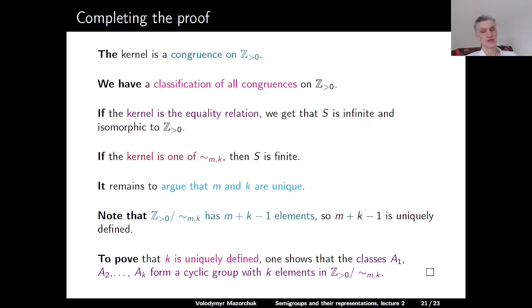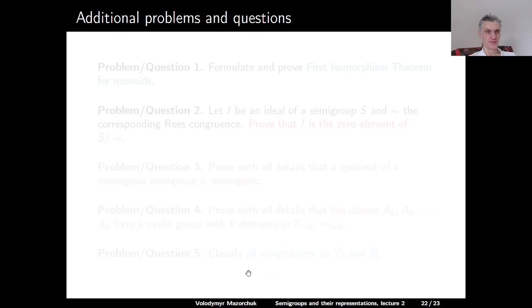For this, one simply shows that the classes a_1, a_2, and so on, a_k, form a cyclic group with k elements. So our monogenic semigroup contains a cyclic subgroup with k elements. And this implies that k is uniquely defined, and so both m and k are uniquely defined.